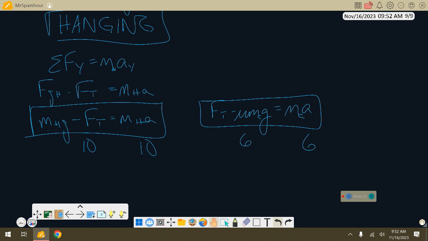Because of that general rule, what it means is I can always take the left side of this and the left side of that, add them or subtract them, and then do the same thing to the right sides, and it will still be equal. Why? Because 10 plus 6 and 10 plus 6 are both 16, and 10 minus 6 and 10 minus 6 are both still 4. Yes?